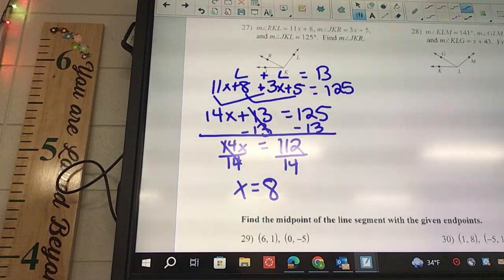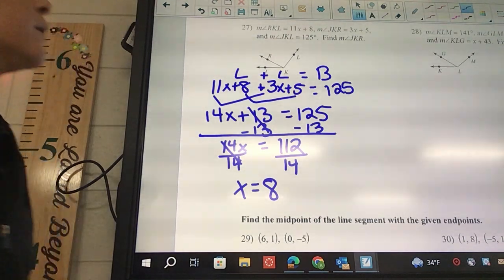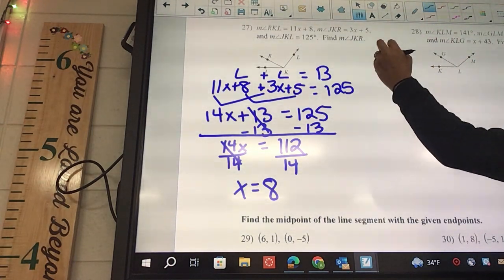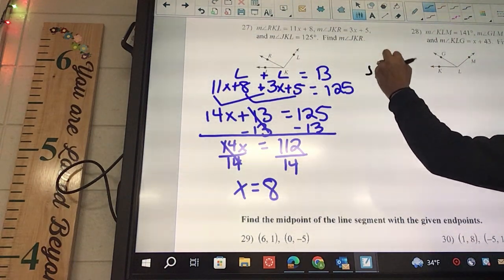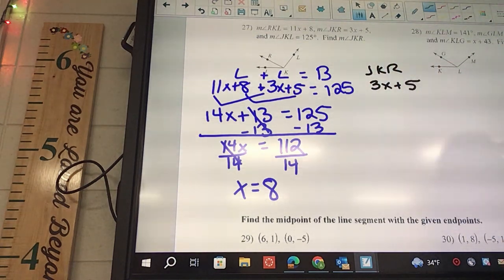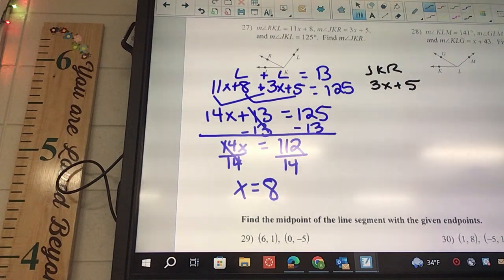What does it say to find? JKR. So what is JKR? Read back through your problem. JKR equals what? 3x plus 5. But now we know our x. What is our x? 8.